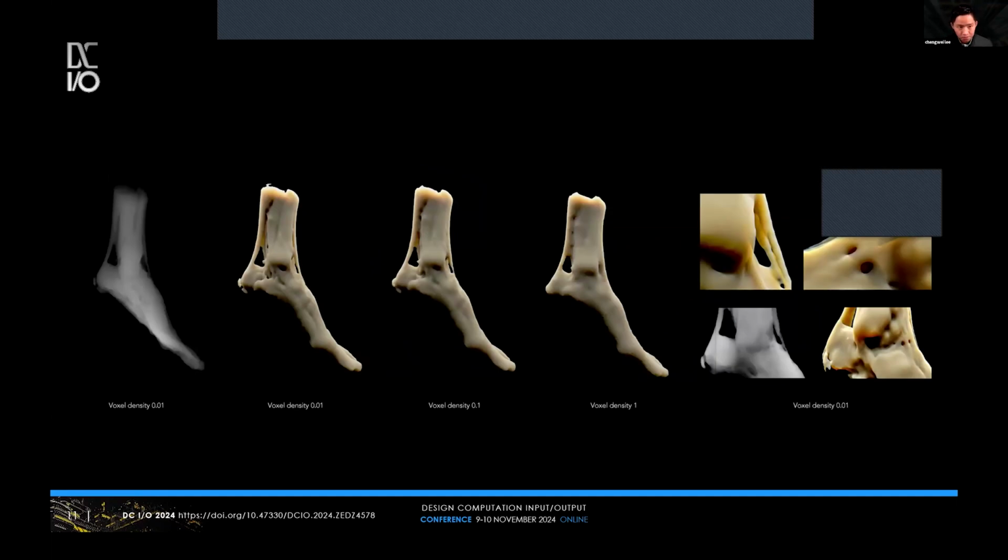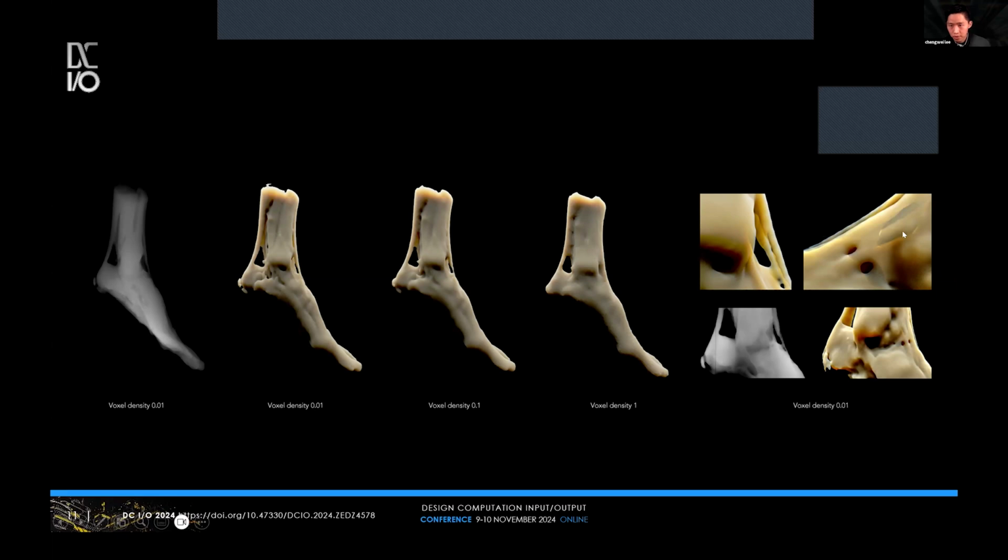I have a CT scan model of the foot and ankle, so I tried to visualize the material in between the ankle and the bone structure. In between the ankle of this structure, you can see that there are some transparent areas. If the voxel density is decreased more, you will have higher quality of that material coming out.